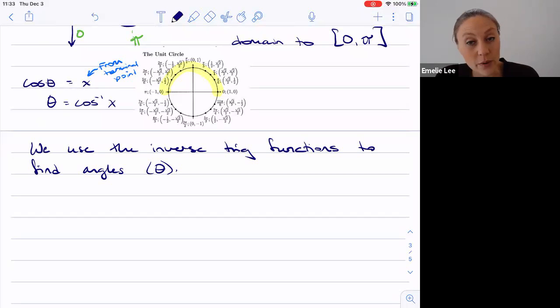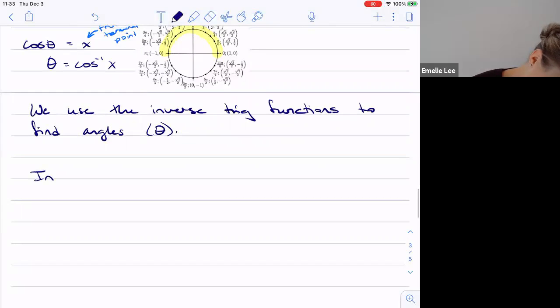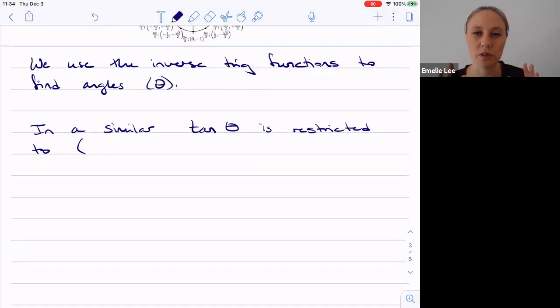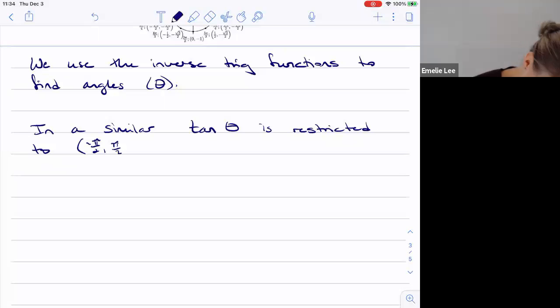In a similar way, we haven't really talked about tan, but we need to know what tan looks like. So in a similar way, tan inverse, the tan of theta is restricted to, and so these points are not included, negative pi over 2 and pi over 2.